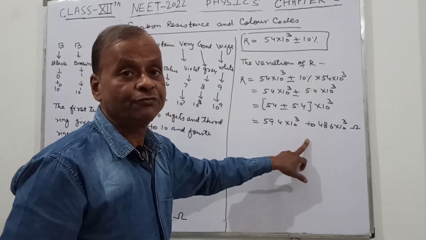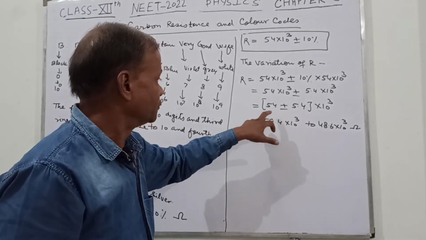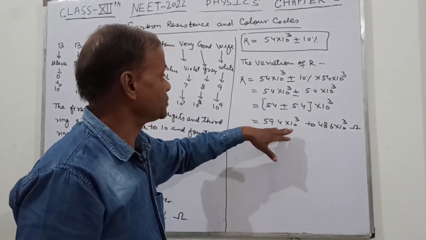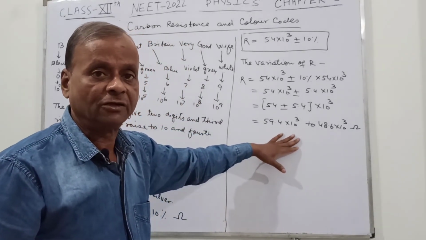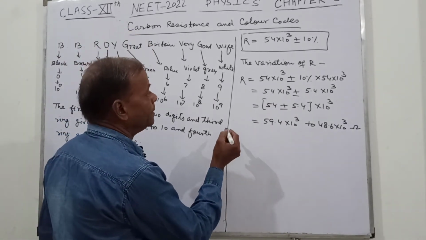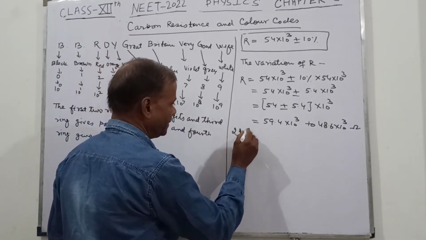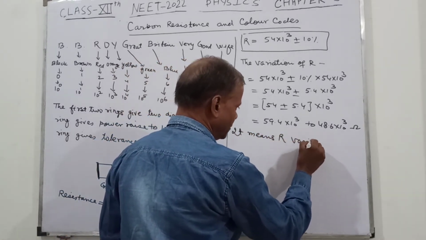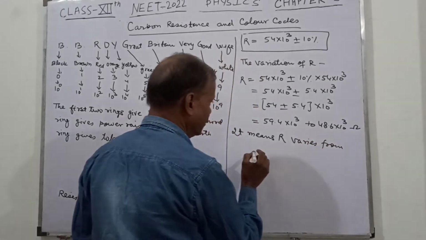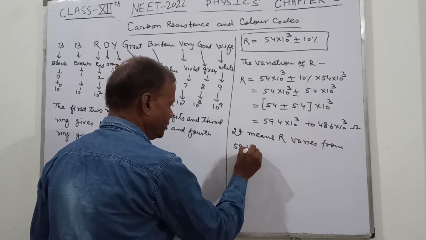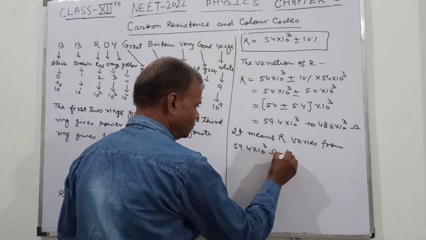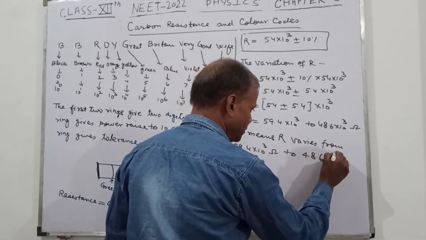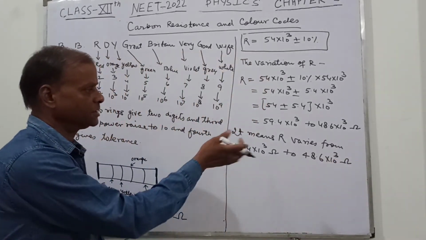So either you write it like this or like this. It means R varies from 59.4 into 10 raised to the power 3 ohm to 48.6 into 10 raised to the power 3. This is the variation of R.